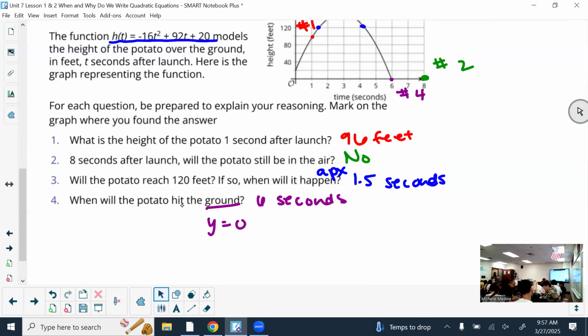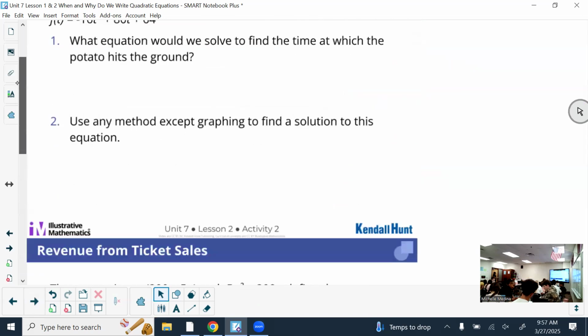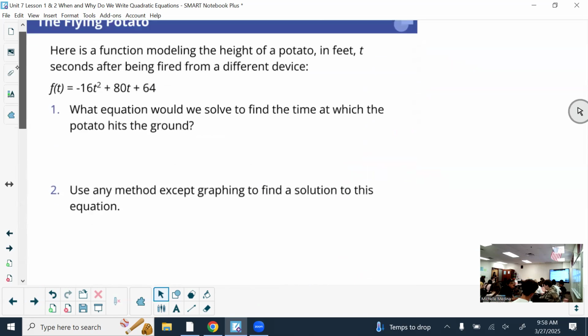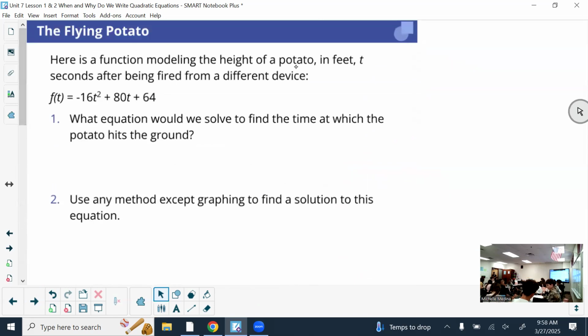Now remember that when we talk about the next activity, so we're actually going to skip this problem, or no, we're not skipping this. We're using that to answer it. So here's the function modeling the height of a potato in feet t seconds after being fired from a different device.